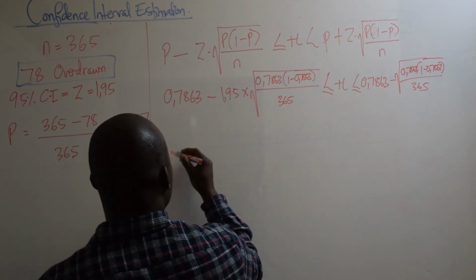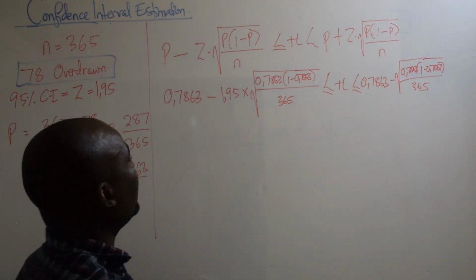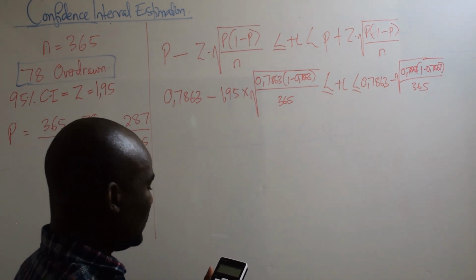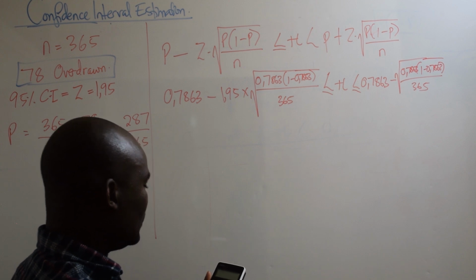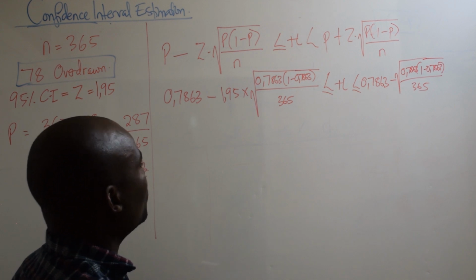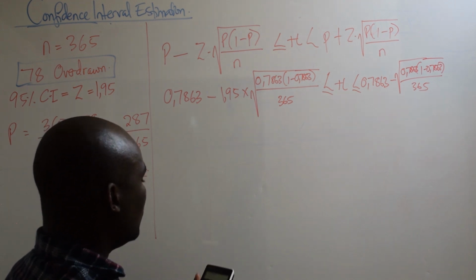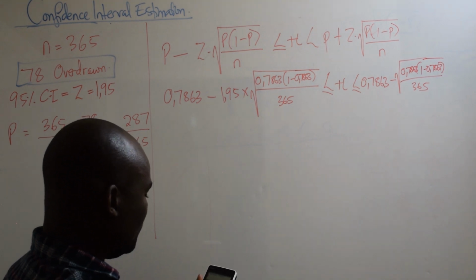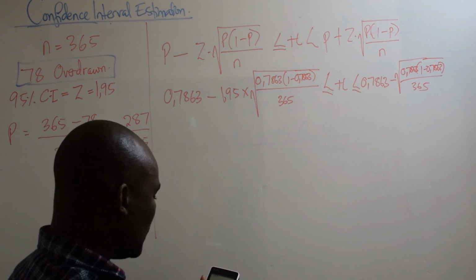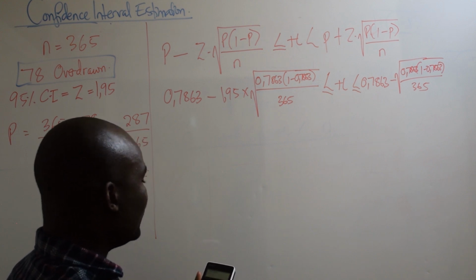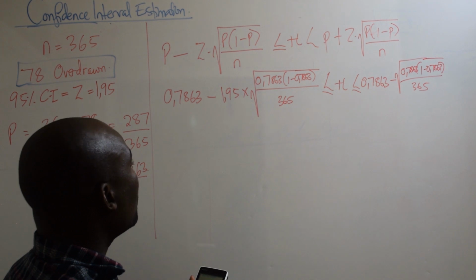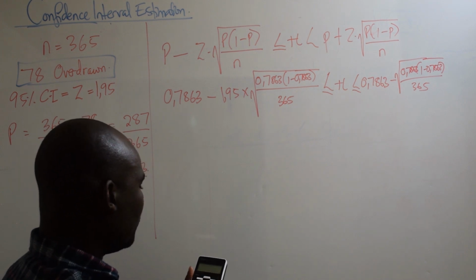So coming to this side, just the calculation there, we're going to say 0.7863. Just gonna store it in my memory so that I don't keep on punching the same figure. So I'm gonna do the square root now. Square root of, recall A, 1 minus, recall that 0.78, right, and then all this is divided by 365, and then this is multiplied by 1.95.